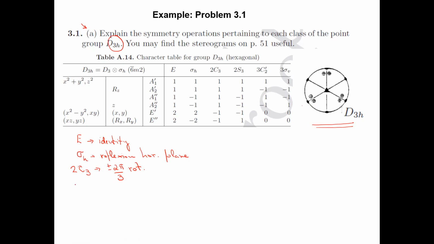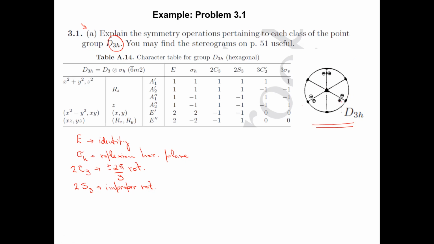All right, 2S3. What is 2S3? This is an improper rotation, in which you combine a 2 pi over 3 rotation and a reflection through a horizontal plane.